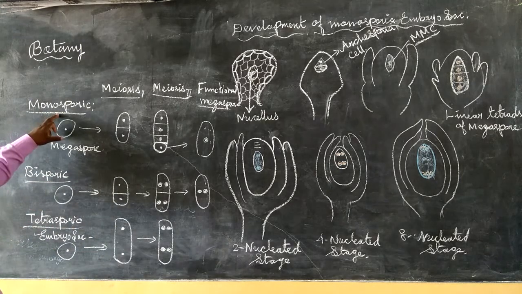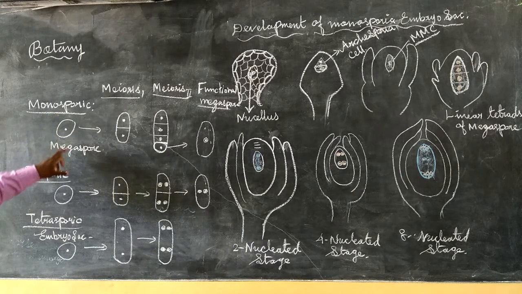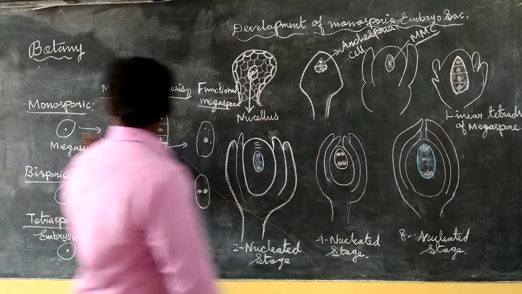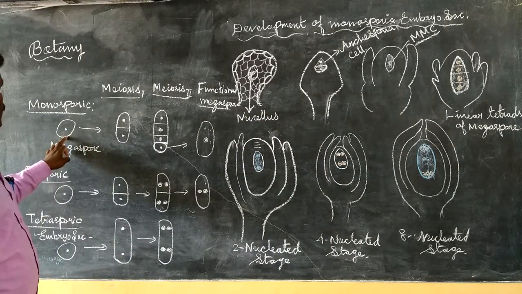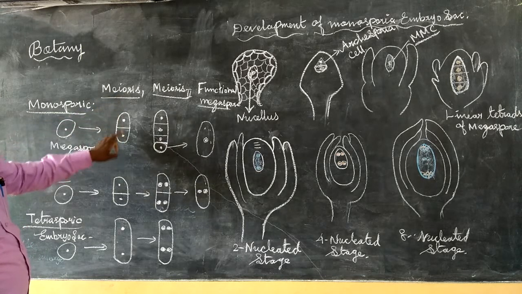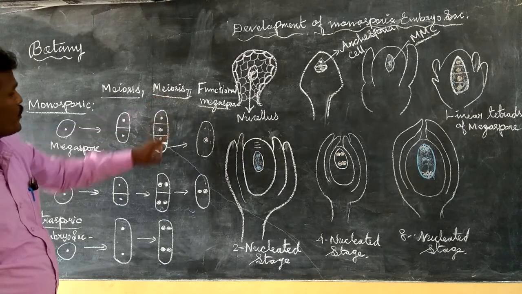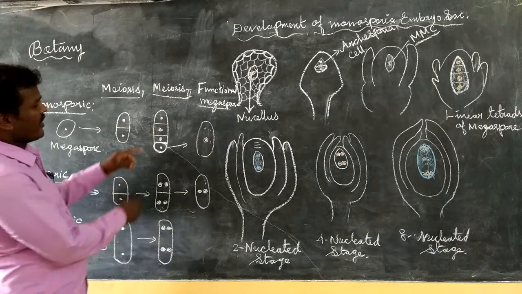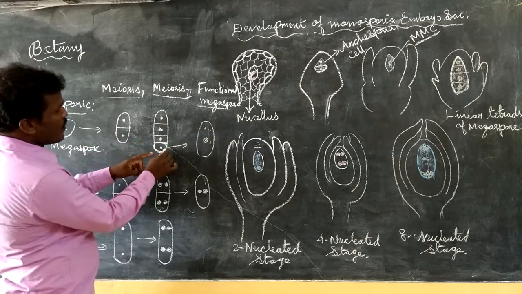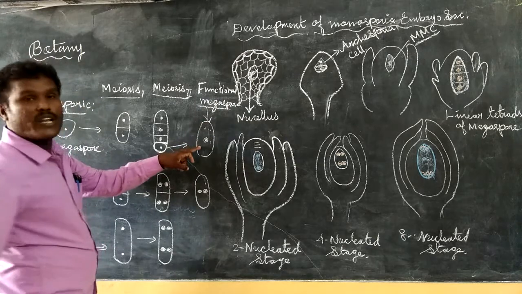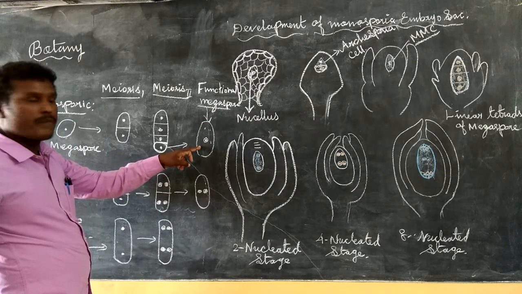So what is a monosporic embryo sac? You can see this is a megaspore cell, which undergoes meiosis 1 to form 2 cells and meiosis 2 to form 4 cells. They are arranged in a linear manner. Out of these 4 cells, only one cell acts as a functional megaspore.